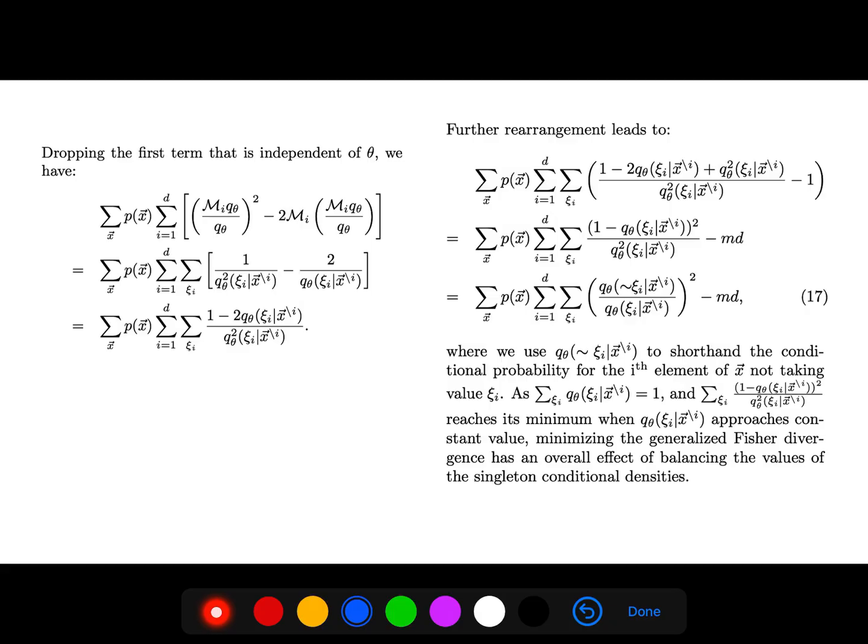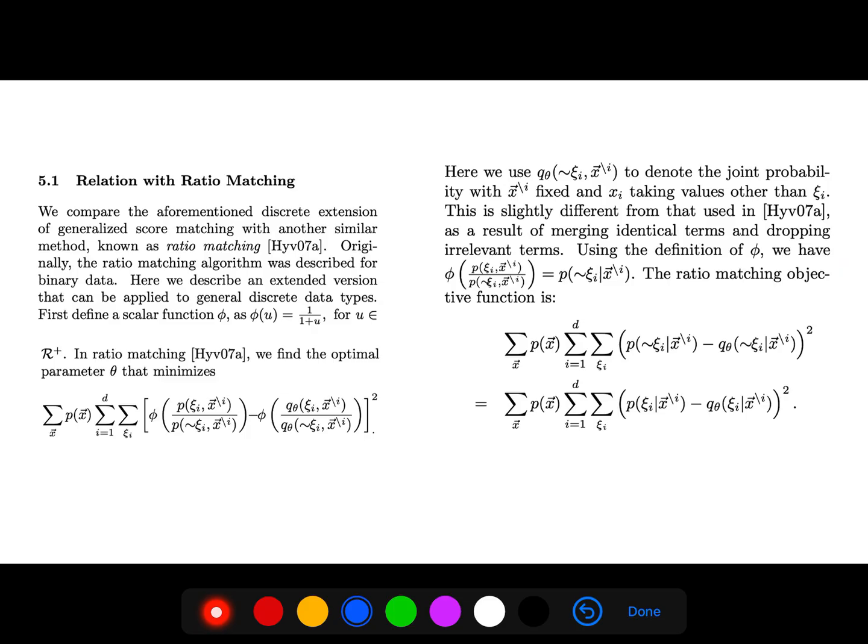After simplification, it leads to this one. And this Q is just the conditional probability for the i-th element taking value C_i. Also, it has a relation with ratio matching.